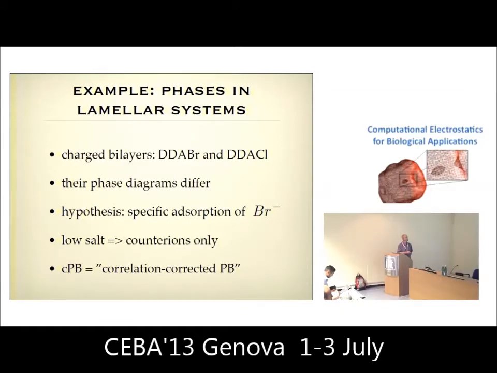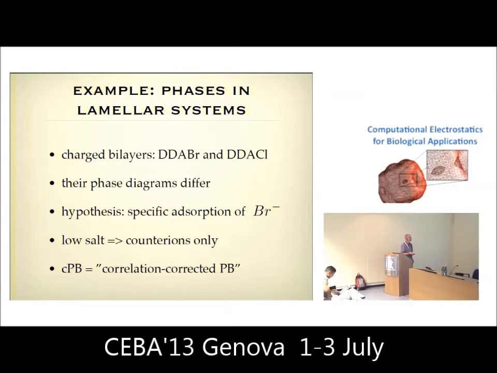And it turns out that whether you have bromide or chloride as counterion matters a lot for the phase equilibrium, or phase diagrams, of these systems. One hypothesis we had is that maybe the bromide is adsorbing with some specific non-electrostatic interaction to the surfaces. We started with that hypothesis, and we worked our way from there.